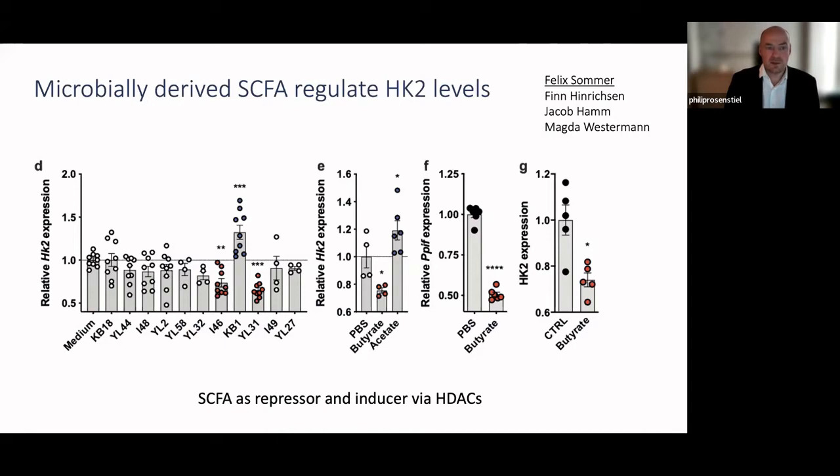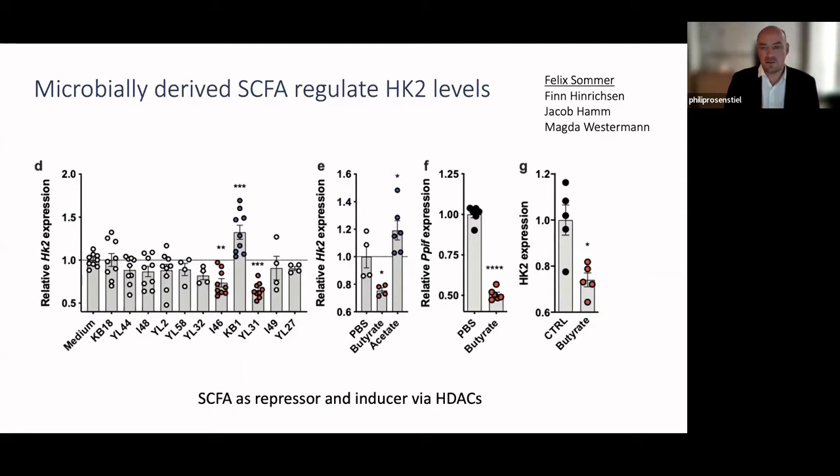That is interesting, if you can, by bacterial metabolites, switch on and switch off such a molecule, also therapeutically. To cut a long story short, it was shown that KB1 is a strong acetate fermenter, whereas I46 and YL31 are strong butyrate producers.